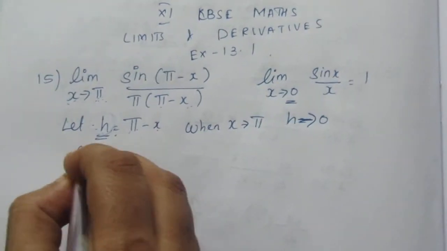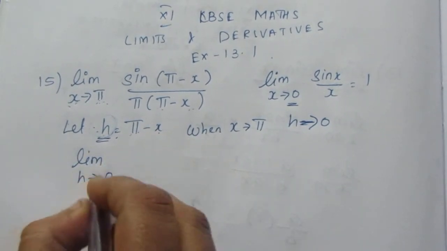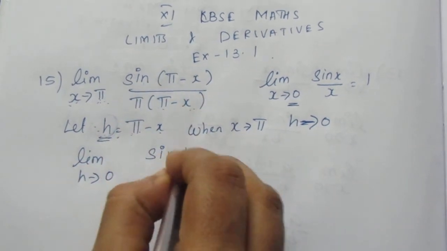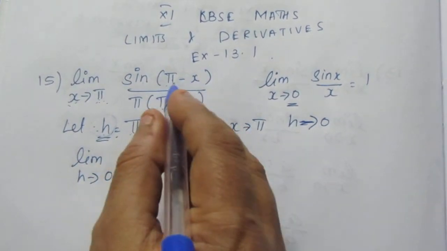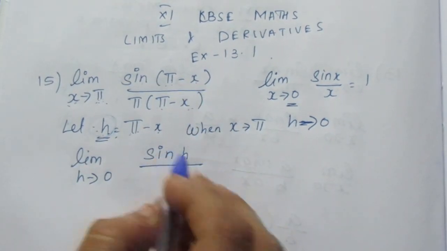Now limit h tends to 0. Substituting the h value means everything should be h. We know that sin h, because pi minus x is h, so substituting h on the numerator.